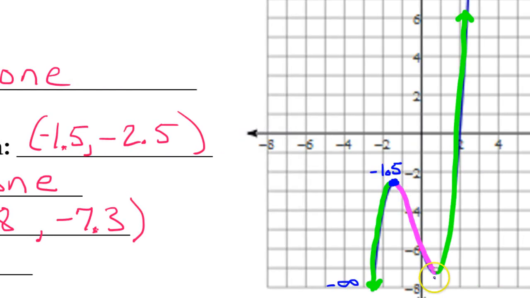So the x value is 0.8 of this spot right here. And finally, this arrow up here, the x value is infinity. Not because it's going up, but because it's going to the right. That's the x value part of it.